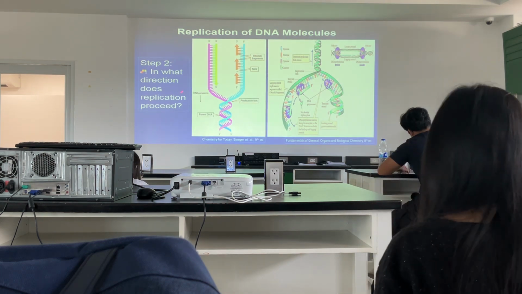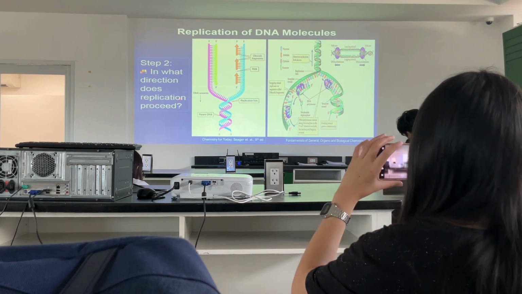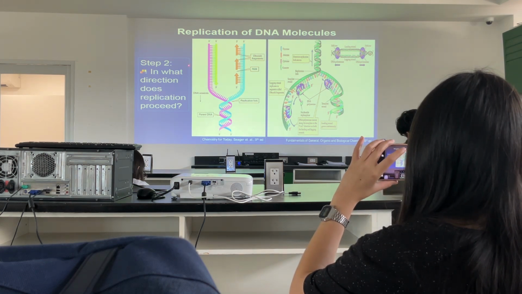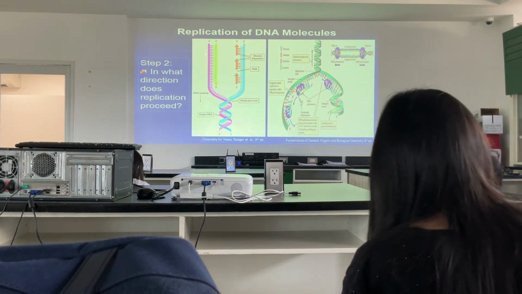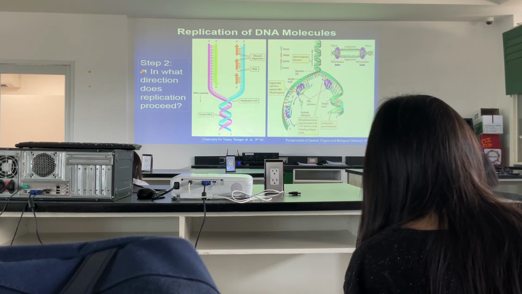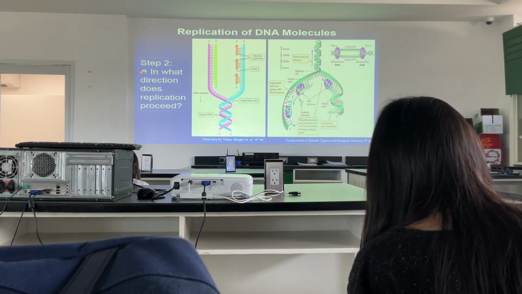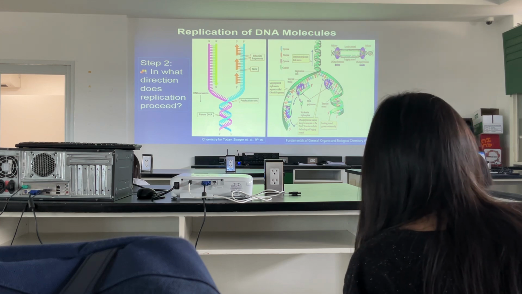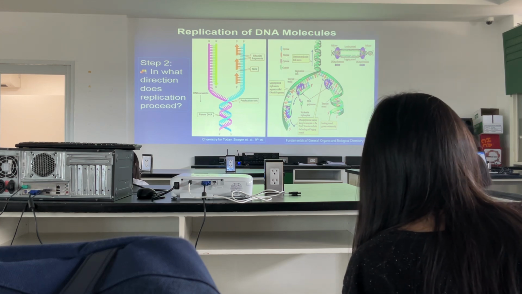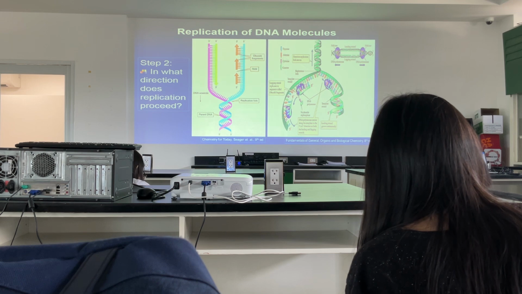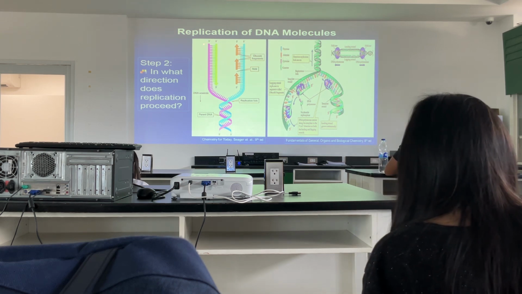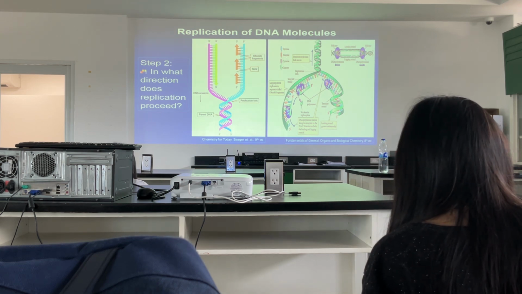So in what direction does replication proceed? It proceeds from the 3' to the 5' end. So this DNA, if you can still recall, runs in opposite directions. The two polynucleotide chains run anti-parallel. So if this is the first strand, then this is the 3' end going to the 5' end.